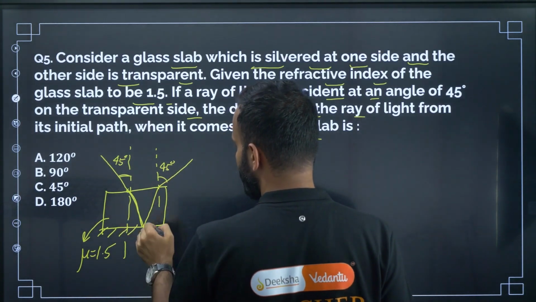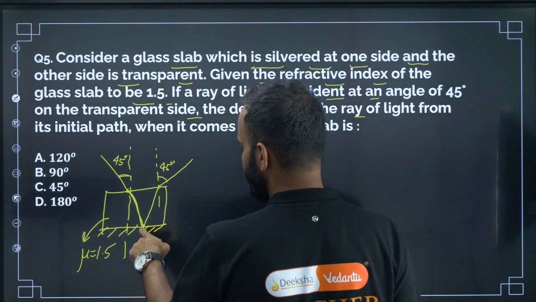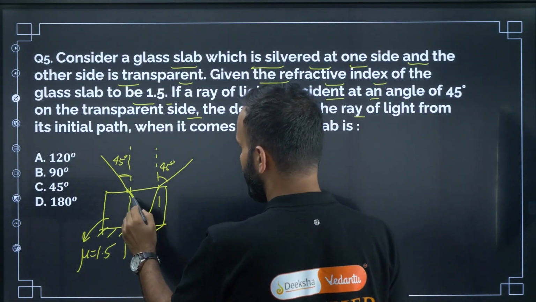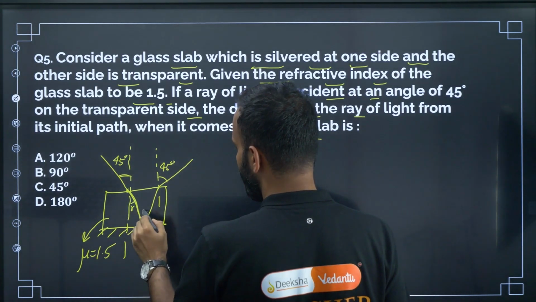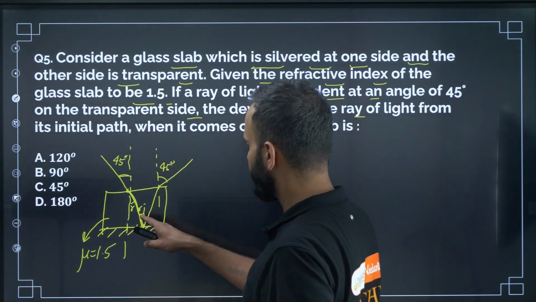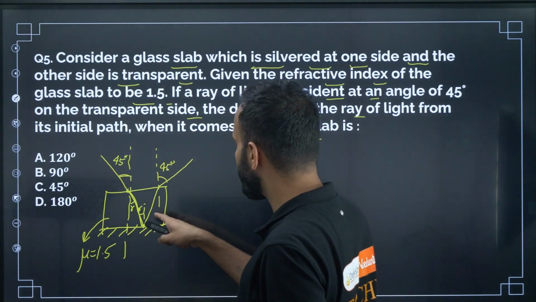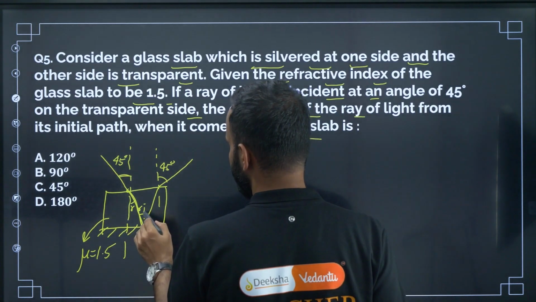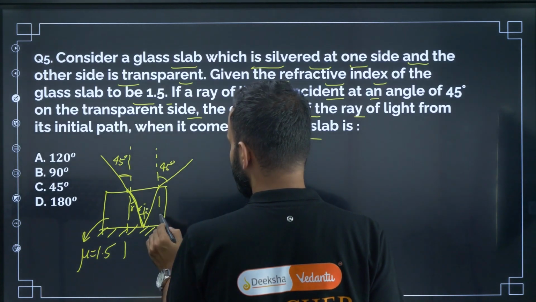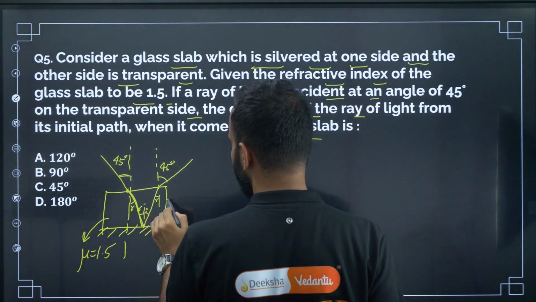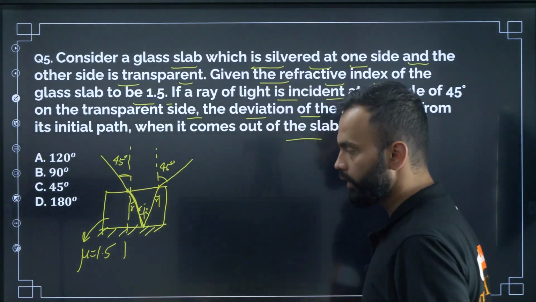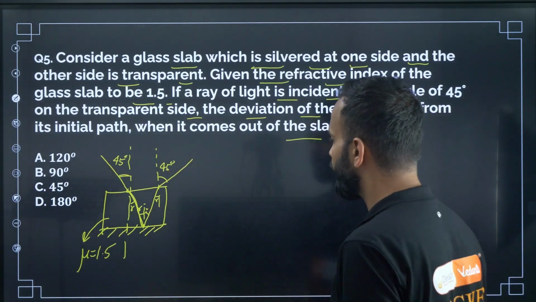Apply Snell's law at this point, then you will get the value of r. The value of r is same as here r. Then angle of incidence is equal to angle of reflection, this will also be r. Here you will get 45 degree only, the same value, 45 degree.